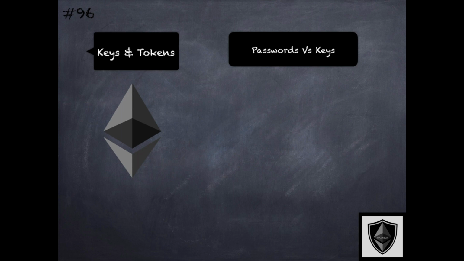Because remember, there is no centralized entity that is responsible for it. At least aspirationally, the goal is for there to be no centralized intermediaries that can sit between you and your access credentials, your keys, or your assets, that is your tokens.